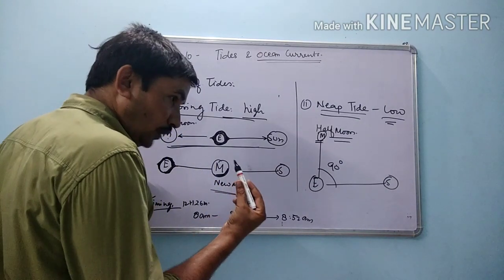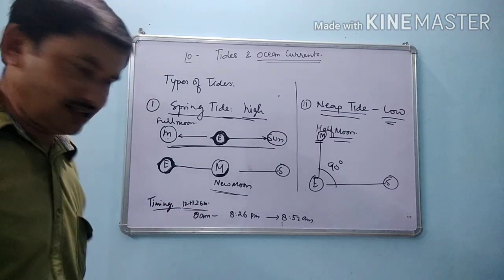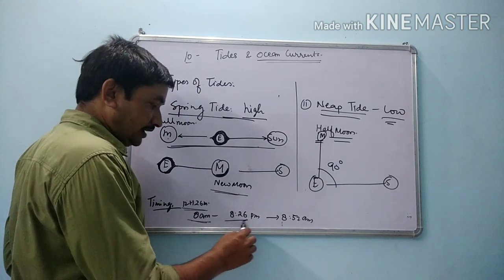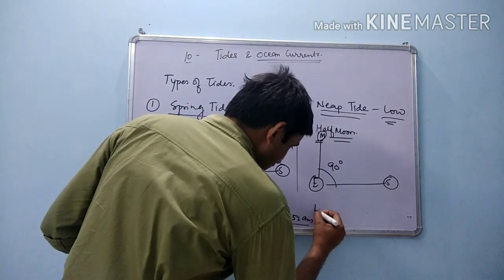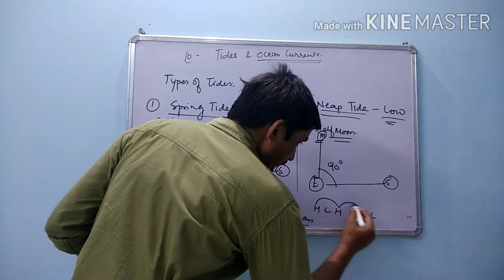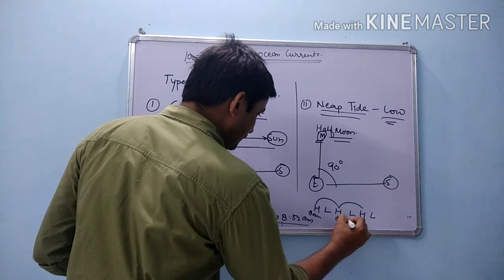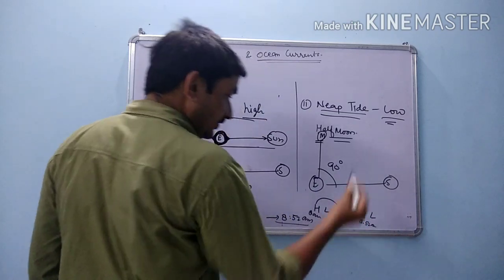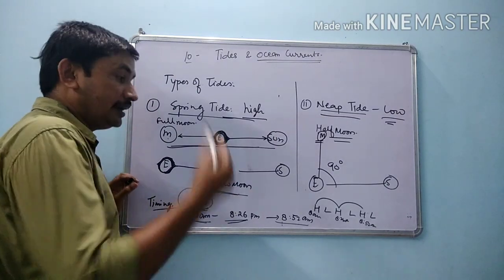Next, the timing of the tides. The difference between one high tide and the next high tide is 12 hours 26 minutes. For example, if one high tide comes at 8 a.m., the next will be at 8:26 p.m., and the next morning at 8:52 a.m. So it goes high tide, low tide, high tide, low tide, again. The difference between high tide and high tide is 12 hours 26 minutes.